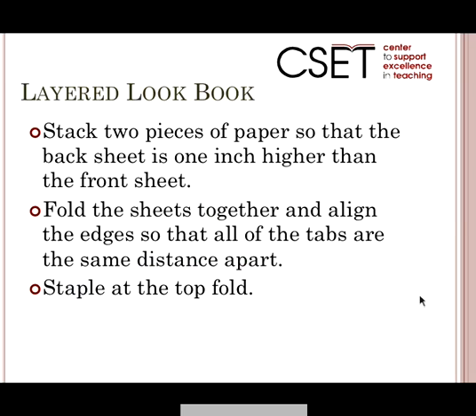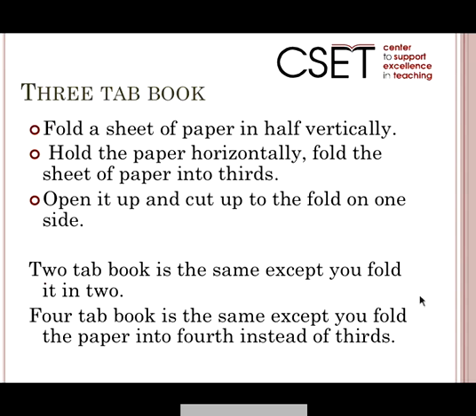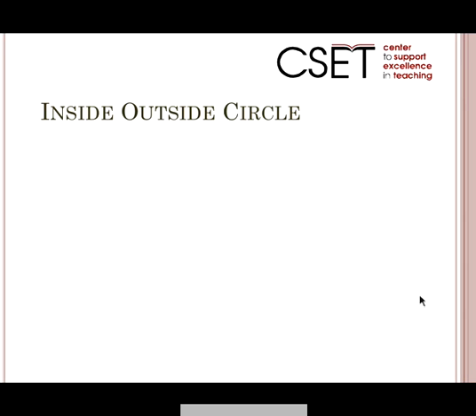One is going to be a tad bit higher than the other, and then you fold them. And that's going to allow it to be those 4 different sheets of paper, tabs that they can open up and then write about underneath it. Then this is the 3 tab, which is what we just saw on the mean, median, and mode example. So those are just a couple of the foldables that we will do with them.